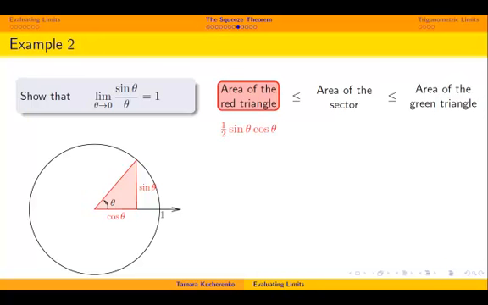Thus the area is 1/2 sine theta cosine theta. The area of a sector of some angle is a half of the product of the angle and the square of the radius. Since our circle has radius 1, the area of the blue sector of angle theta is simply 1/2 theta.